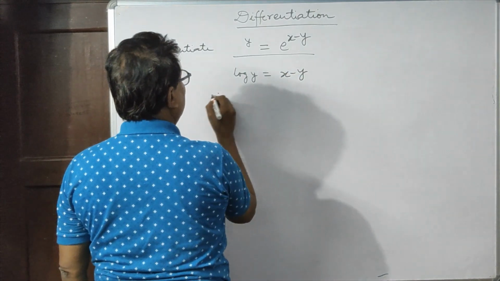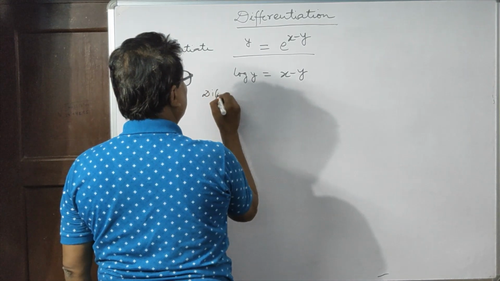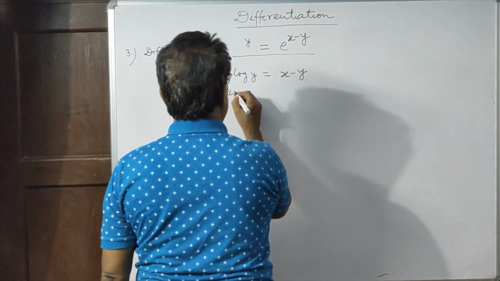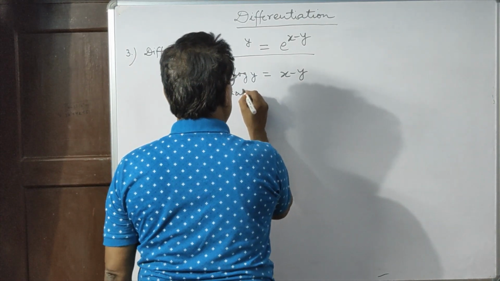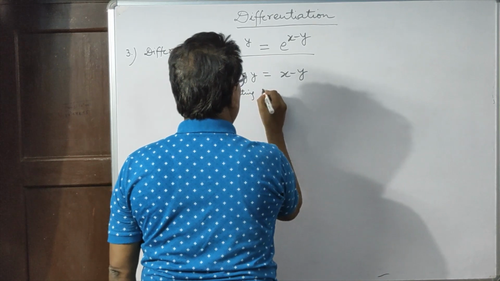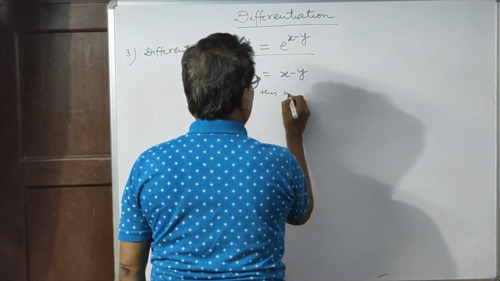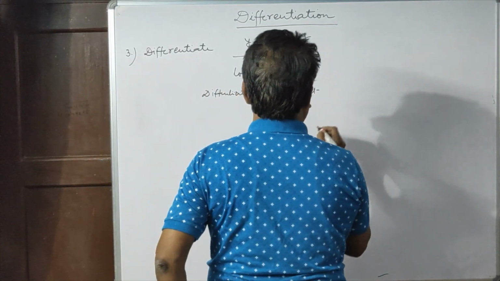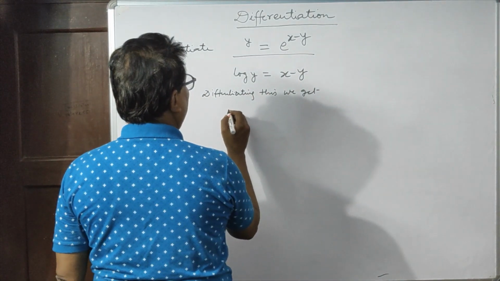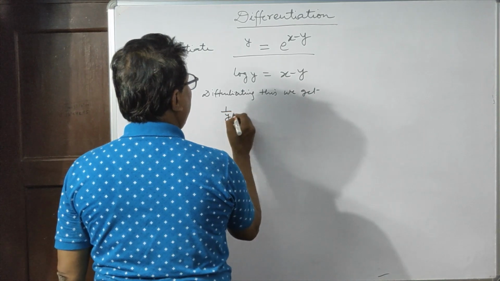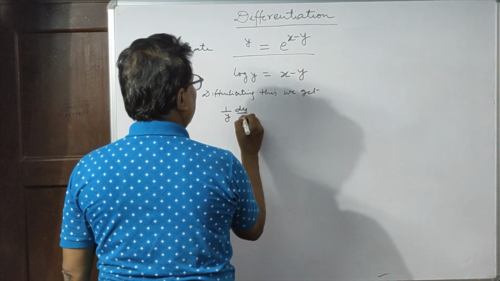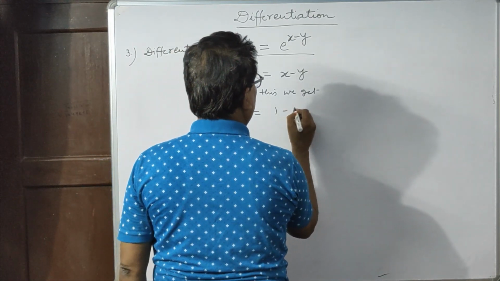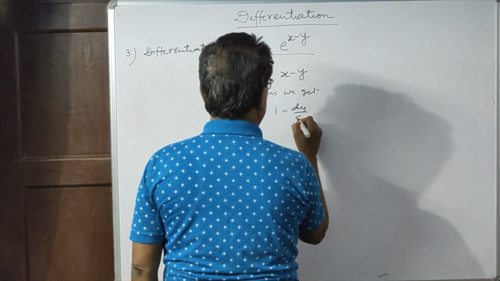So now differentiating this, we get 1 by y dy by dx is equal to 1 minus dy by dx.